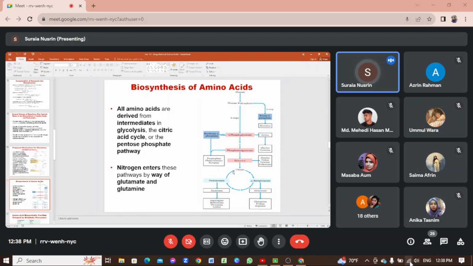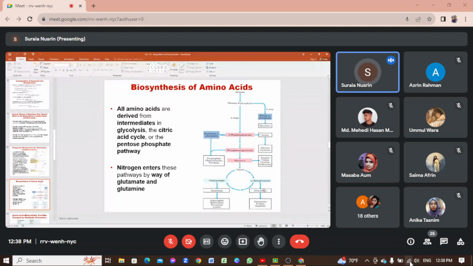From the TCA cycle intermediates, specifically oxaloacetate, which undergoes transamination, we get aspartate, and from aspartate we get asparagine, methionine, threonine, and lysine. From alpha ketoglutarate we can get glutamate, also by a transamination reaction, and from glutamate we get glutamine, proline, and arginine.